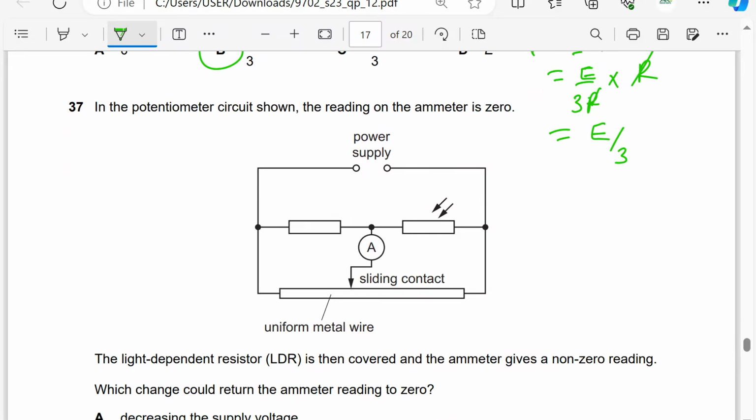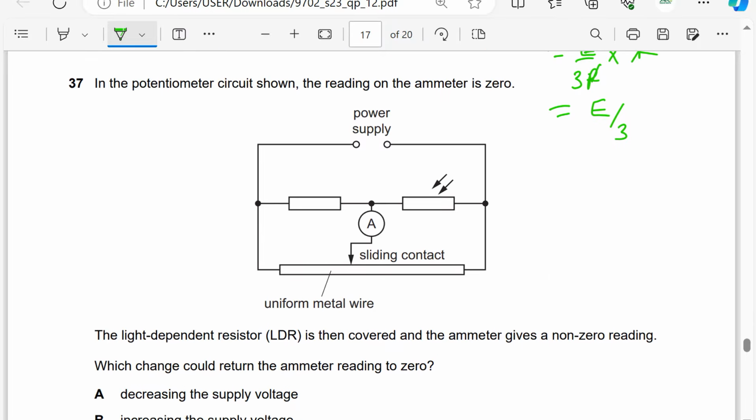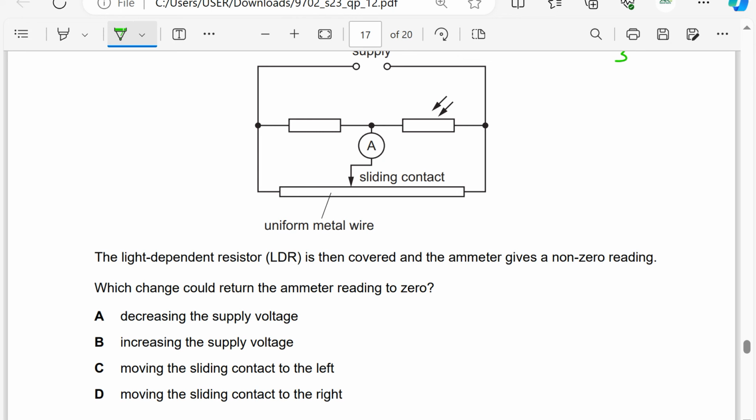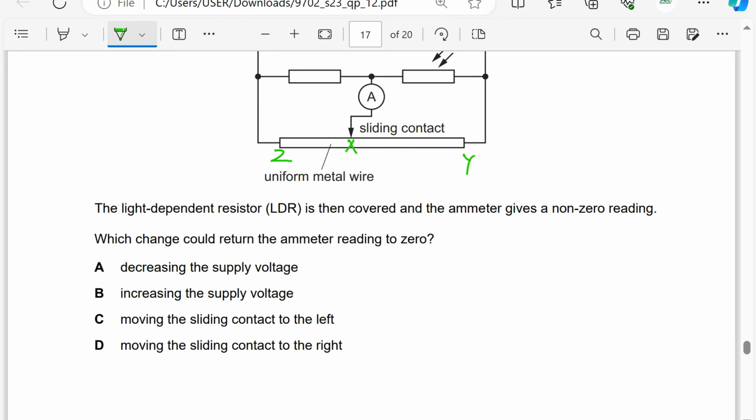In the potentiometer circuit shown, the reading on the ammeter is 0. So that means there is balance. Let me call this one Z, Y, and this one X. The light dependent resistor is then covered, and the ammeter gives a non-zero reading.